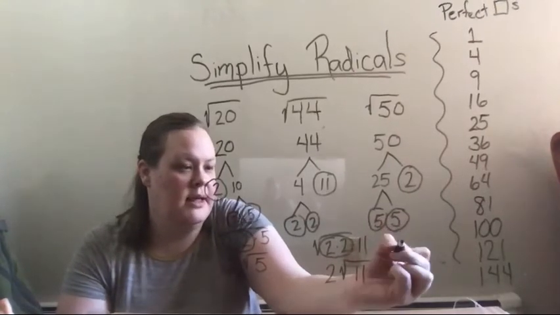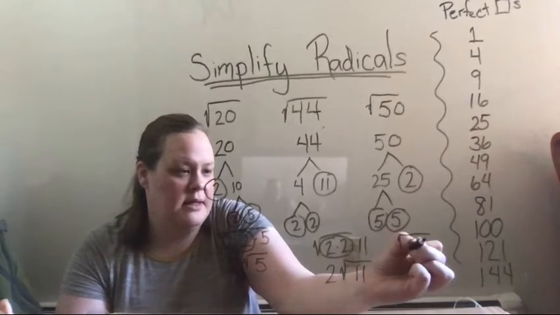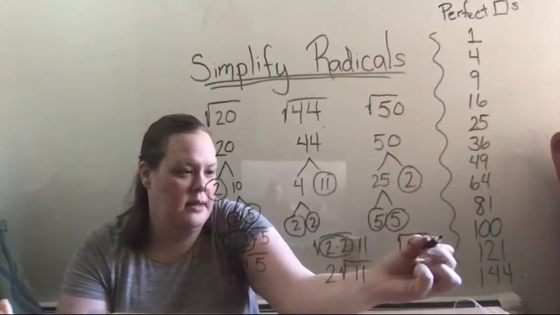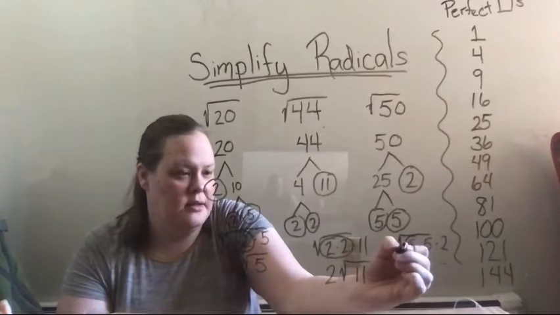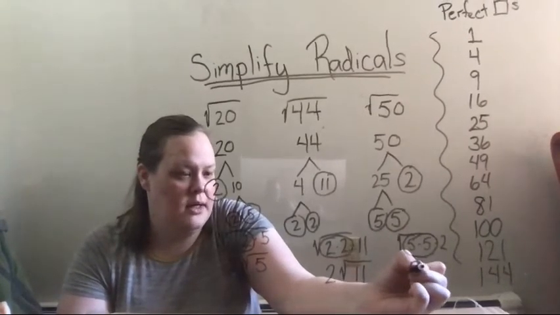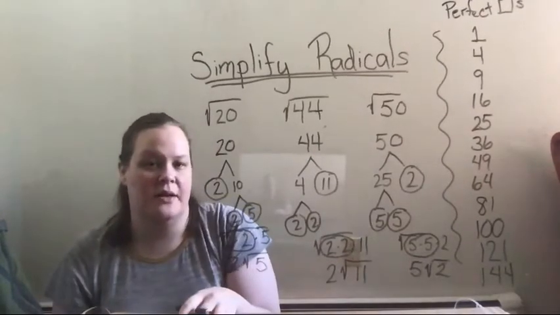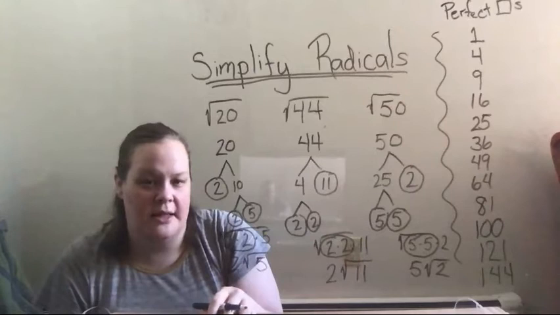Okay, so really in my square root, I'm dealing with 5 times 5 times 2, because there's 2 of these 5's, I circle them, and 1 comes to the outside, and that 2 is still on the inside. So a little review. Let's take a look at a few more.